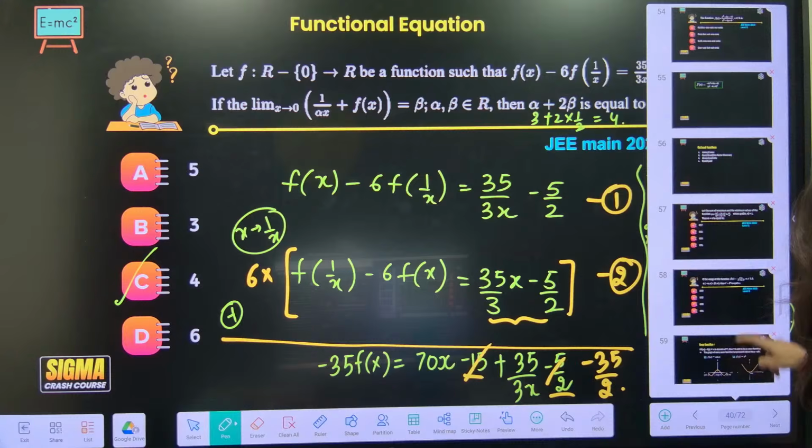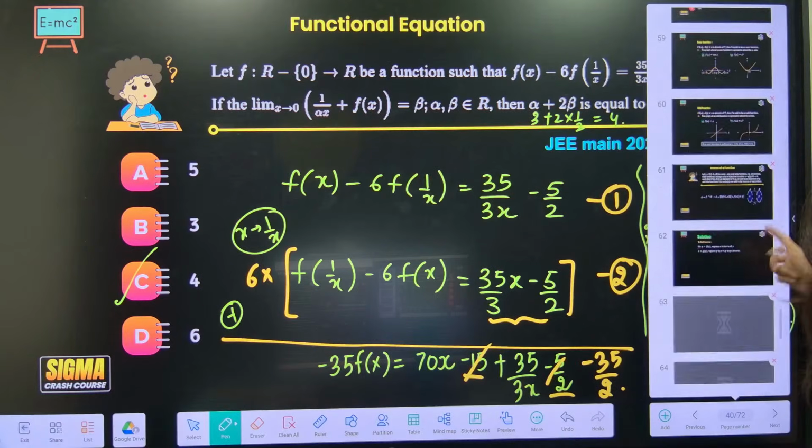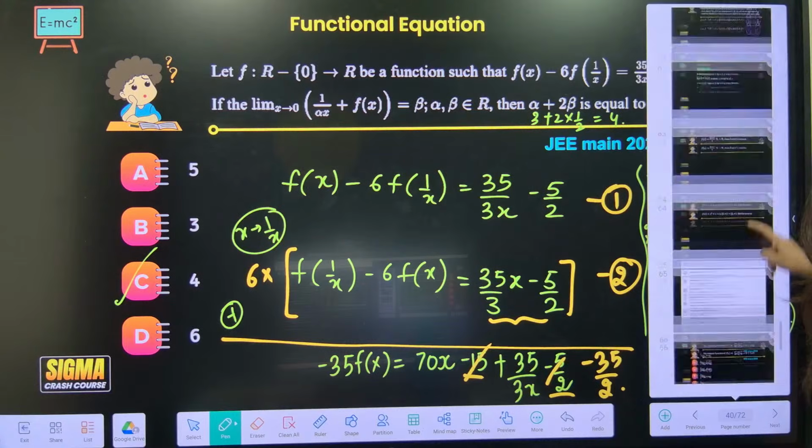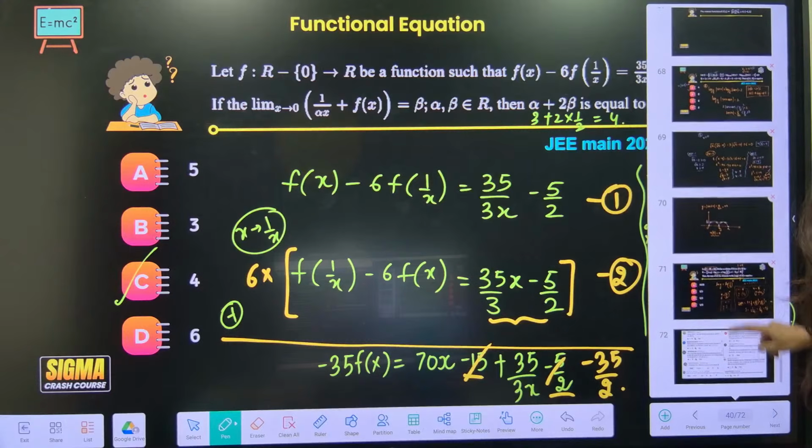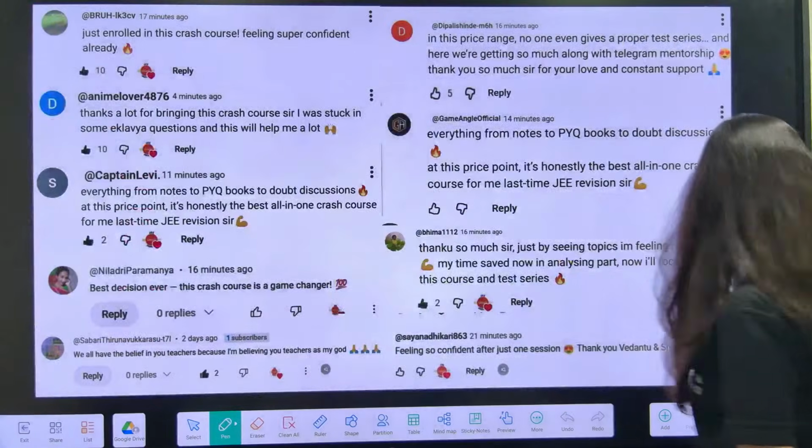I'm just checking what all things are there. Inverse we have. Post inverse, do we have anything? I don't think so. So yes, we'll take a short break.